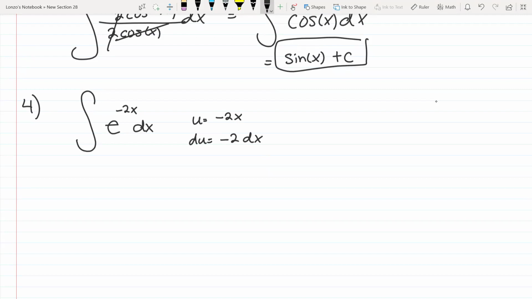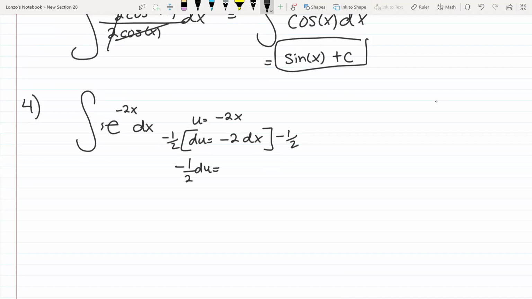And the thing is, we don't have a negative 2 inside the problem. We don't have it here, so we have to get rid of this negative 2. The only way to get rid of it is to multiply each side by negative 1/2, right? So this is going to be negative 1/2 du.